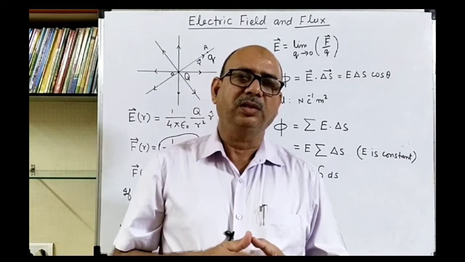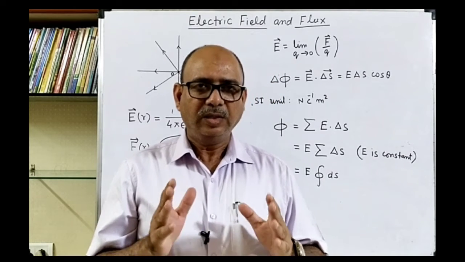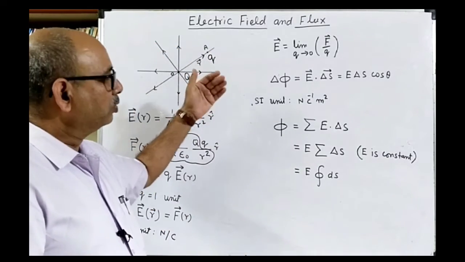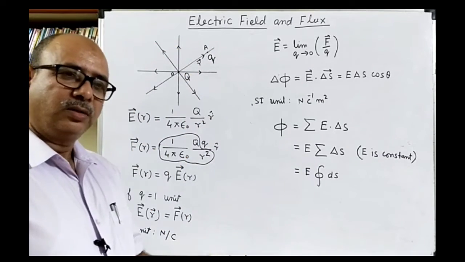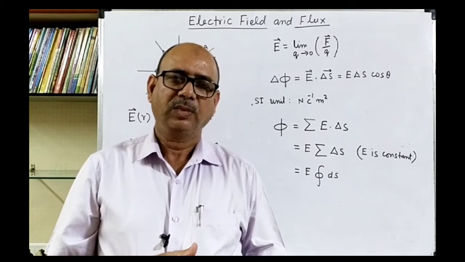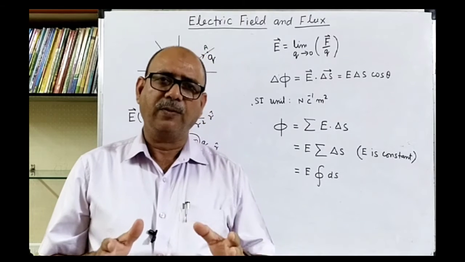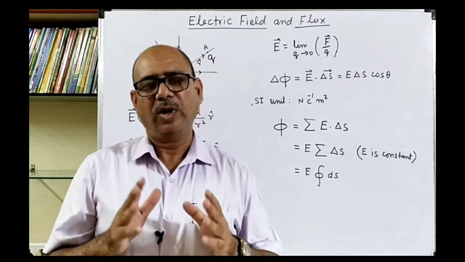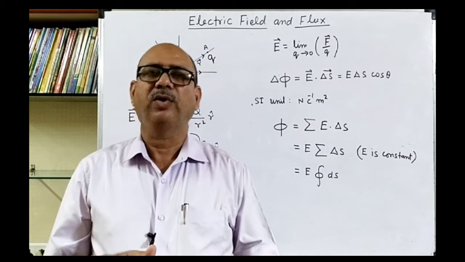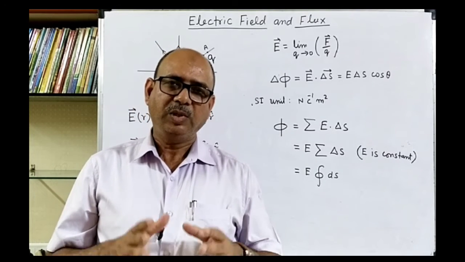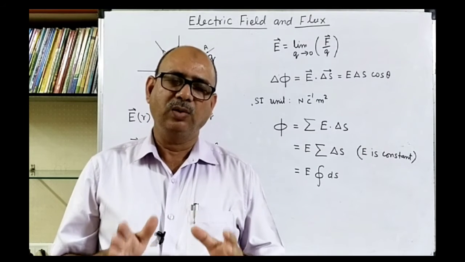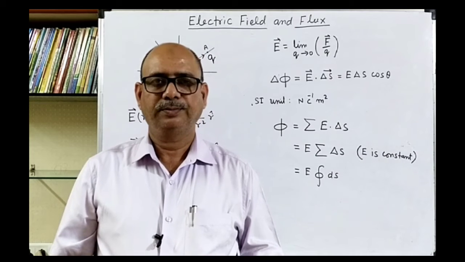Here the important thing is that when we increase the magnitude of the test charge, let's increase the q by 1 coulomb, 2 coulomb, 3 coulomb, subsequently the value of F also increases. But when we take the ratio of F and q, F upon q will remain constant, or we can say it will be a finite quantity. That means the value of electric field is independent of the value of the test charge.